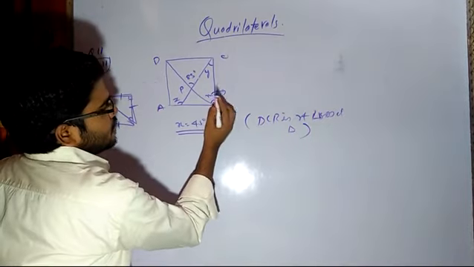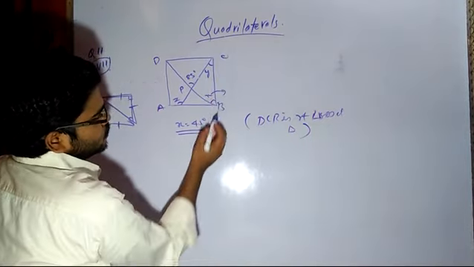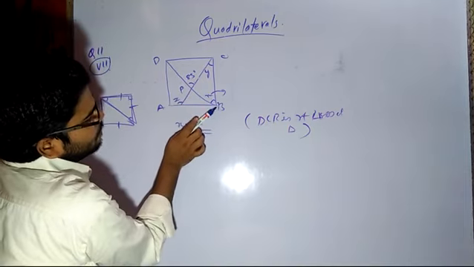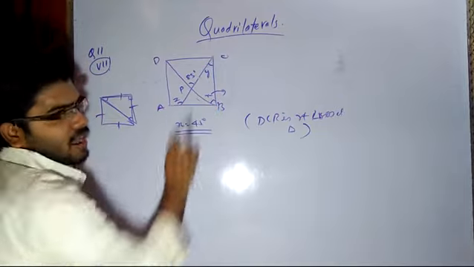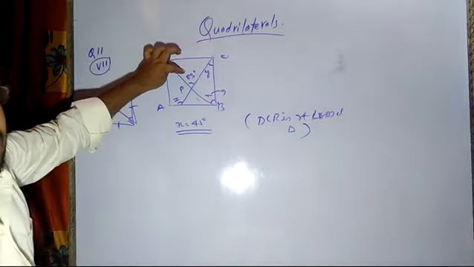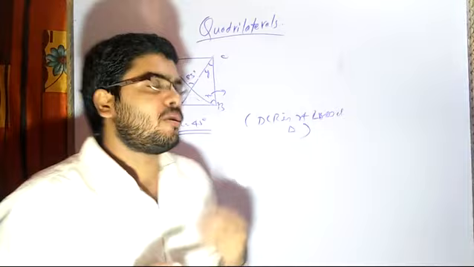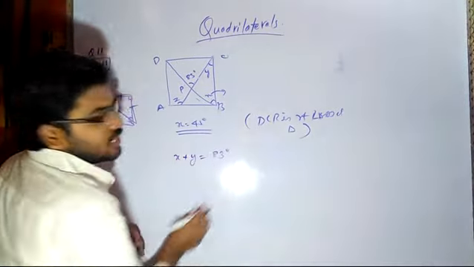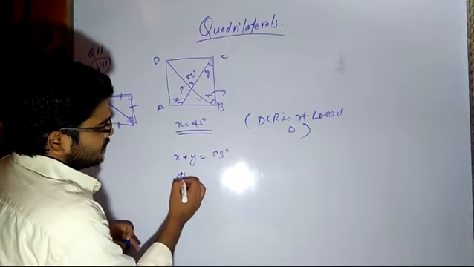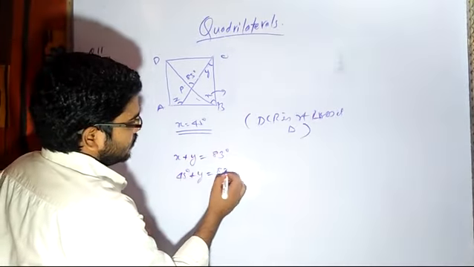Now you can see y. PCB is a triangle, and this angle is its exterior angle. From the exterior angle property, x plus y is equal to 83 degree. We have already calculated x, that is 45, plus y is equal to 83.